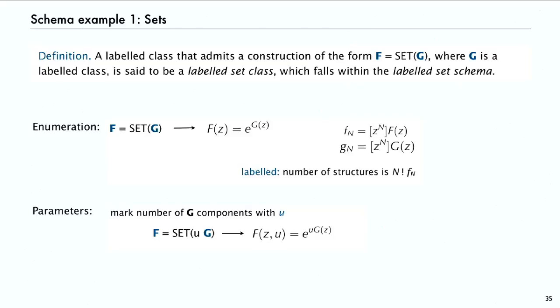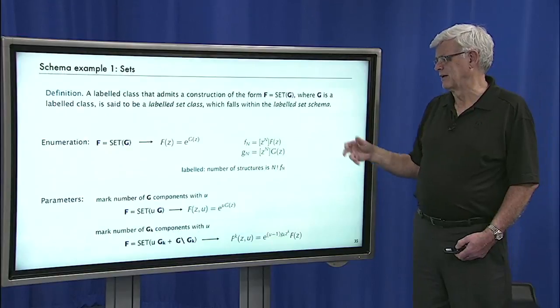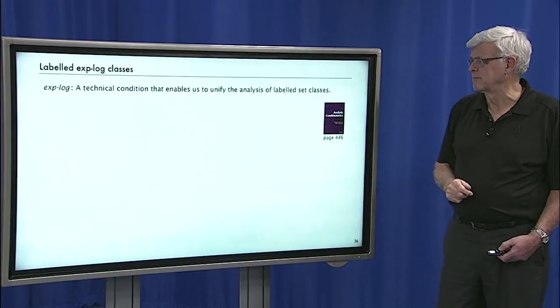We can also work with parameters by marking things with another variable u, making it bivariate. So if you want to mark the number of G components with u, then you can do e to the u G of z, or the number of G components of size k, and there's lots of things that we can do with parameters as well. But just focusing on enumeration, F of z equals e to the G of z.